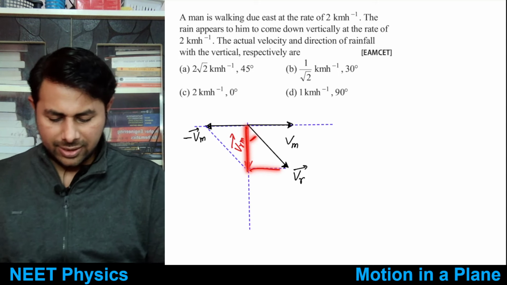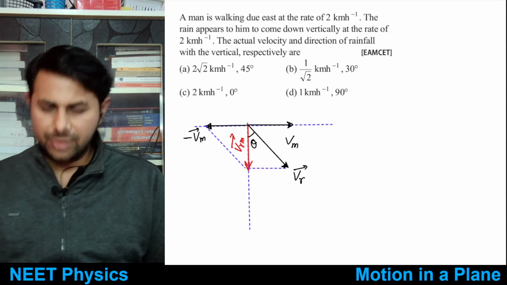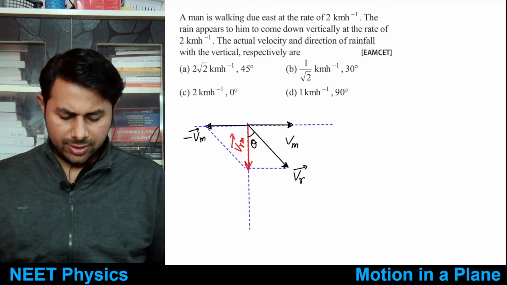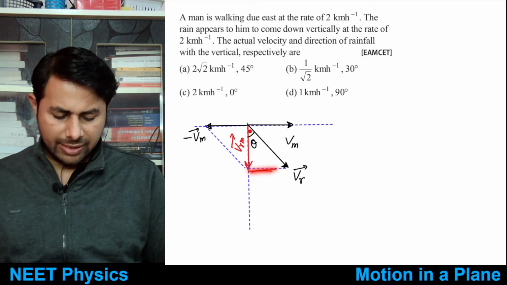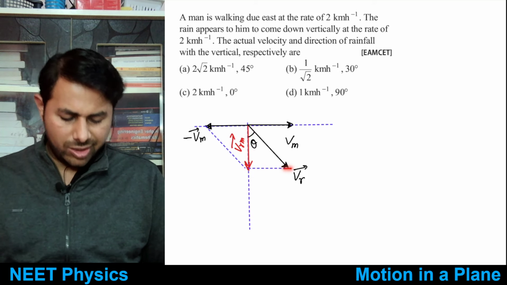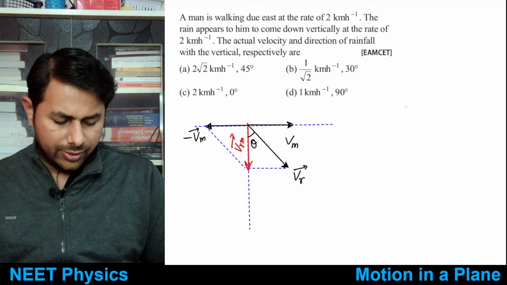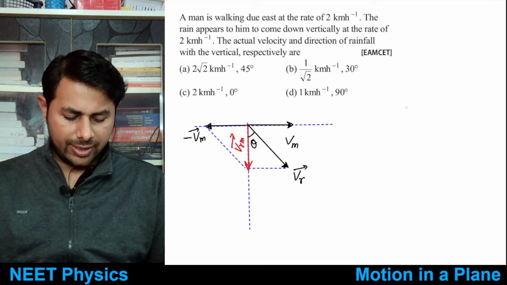So this angle is equal to what? This is 45 degrees, right? Because tan theta is Vx divided by Vy, or here it is Vm divided by Vrm. So this angle is going to be equal to 45 degrees.